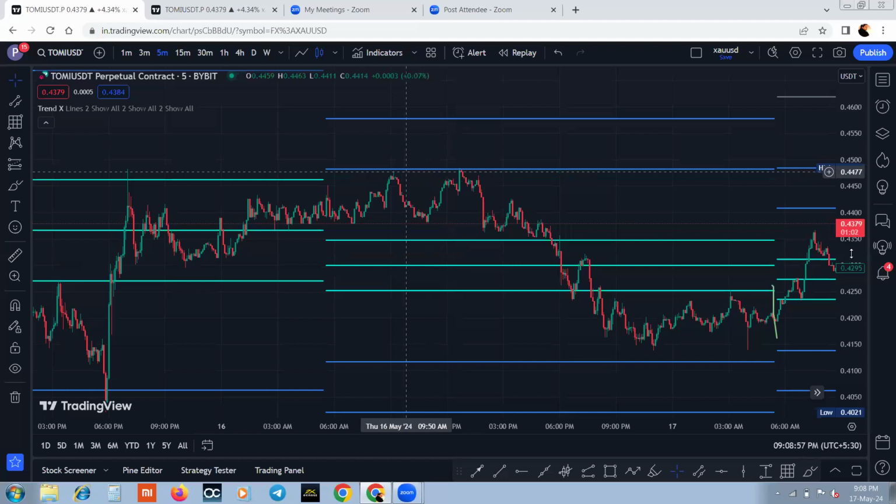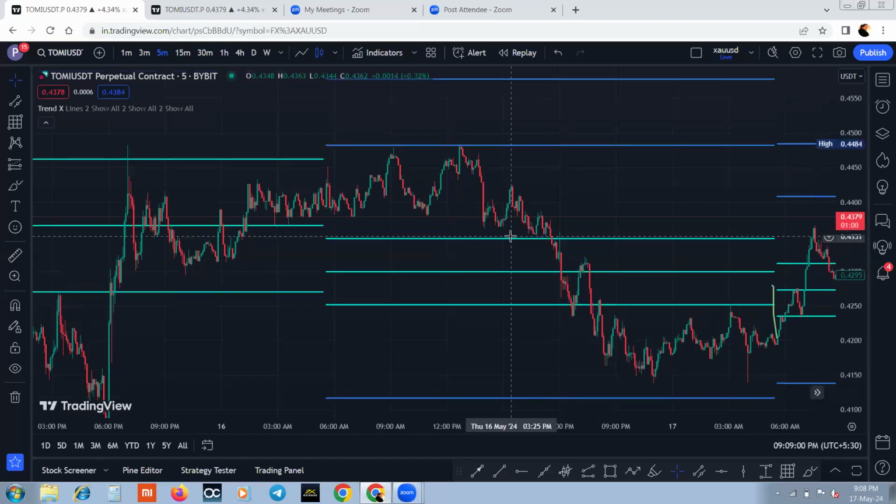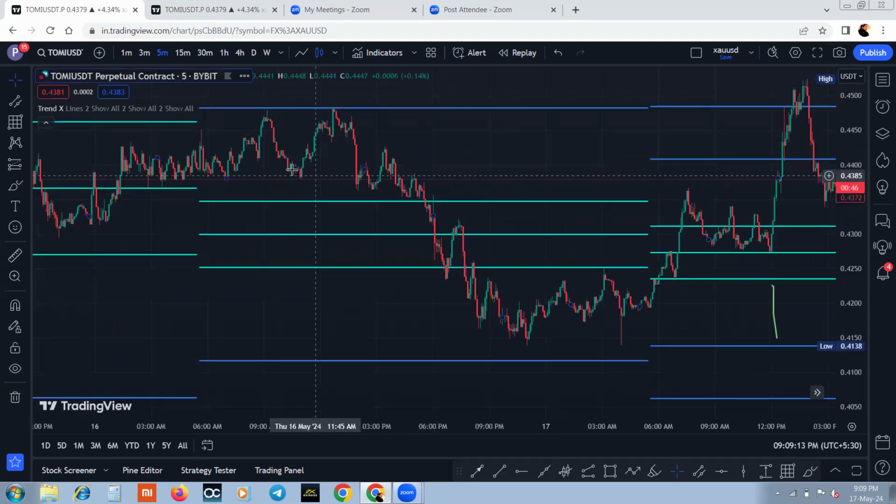You can look at short positions. Your first target is this, the rest you have to hold with break even. If you took a trade here, break even hit. So at least you have to try. In this way, I'll choose.